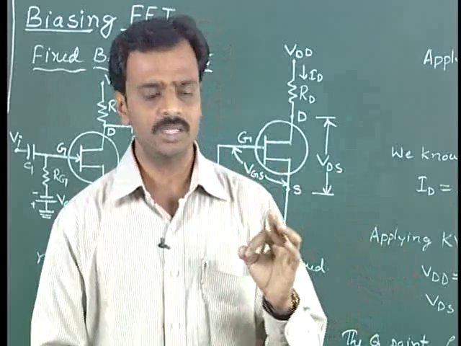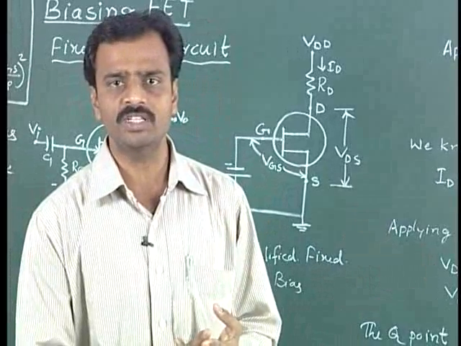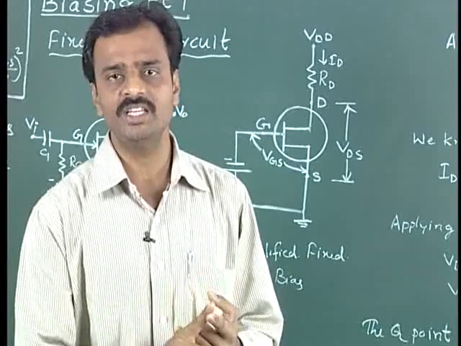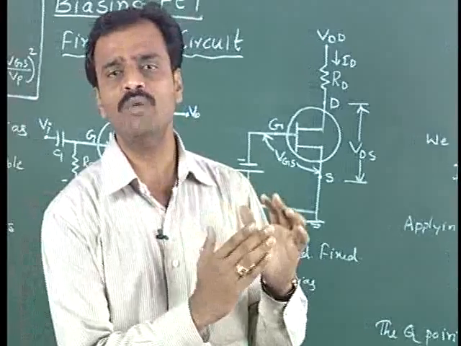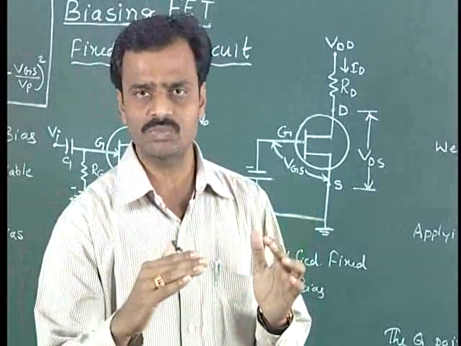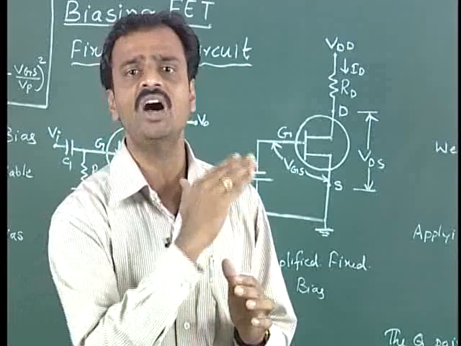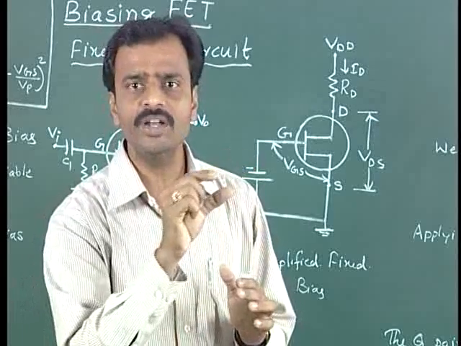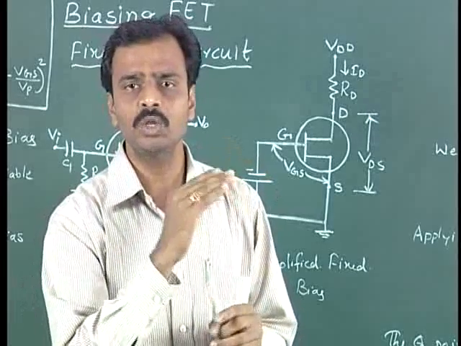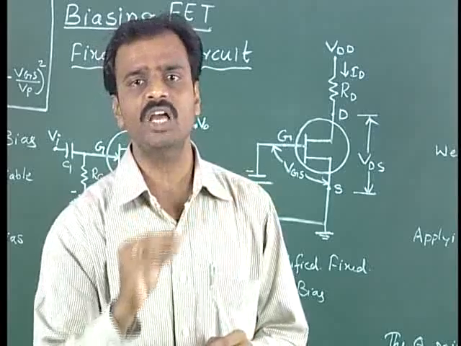As we have seen, the drain current ID is the output current for field effect transistors, and the output voltage is VDS. So to maintain stable values of ID and VDS over various values of the transfer characteristics, we add all the operating points at different values of ID and VDS and get a constant load line. The concept we used in the BJT, we are using here as well.